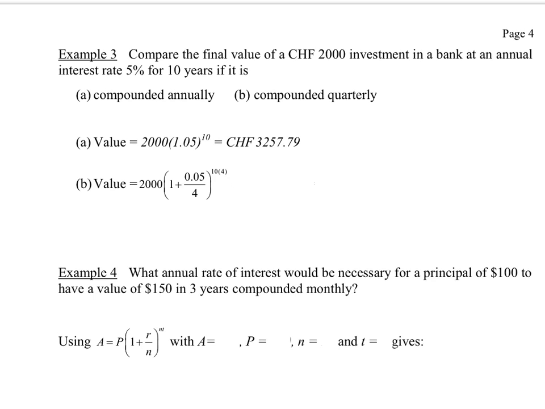If you calculate that, once we've made things a little simpler for ourselves, we get 3,287 francs 24 centimes. Again, slightly more than this value here because we're adding interest earlier when we compound quarterly.